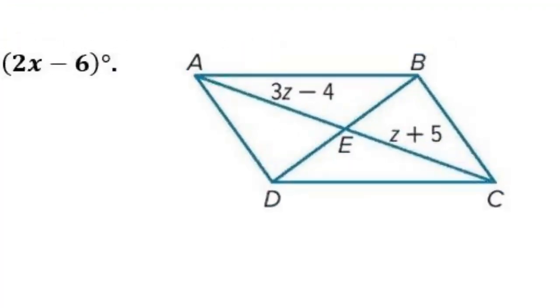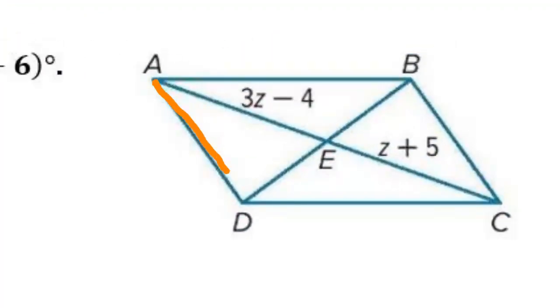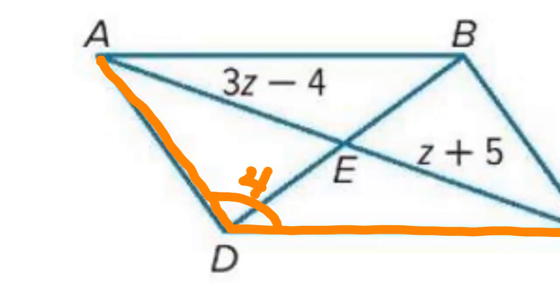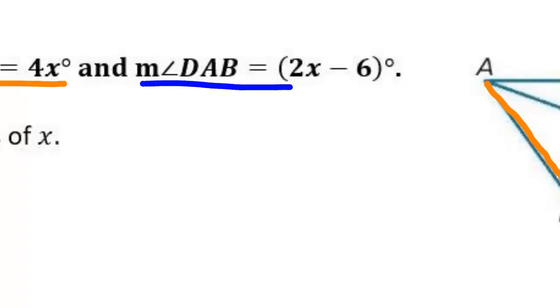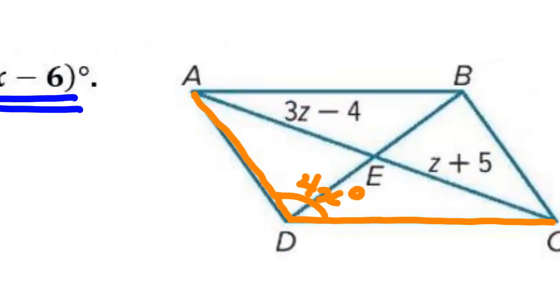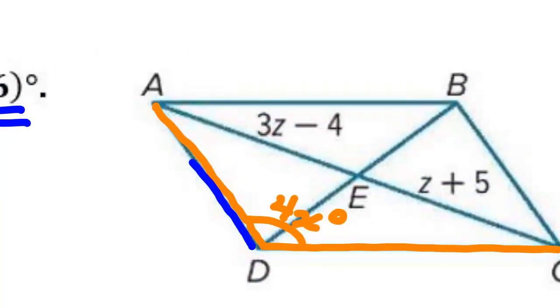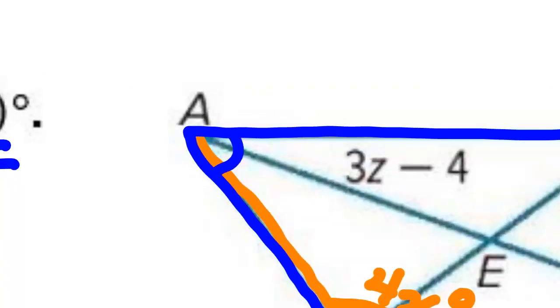We go from A down to D and over to C. So this angle right here is the one that is 4x degrees. And then angle DAB is 2x minus 6 degrees. D up to A and over to B. So this right here is 2x minus 6 degrees.